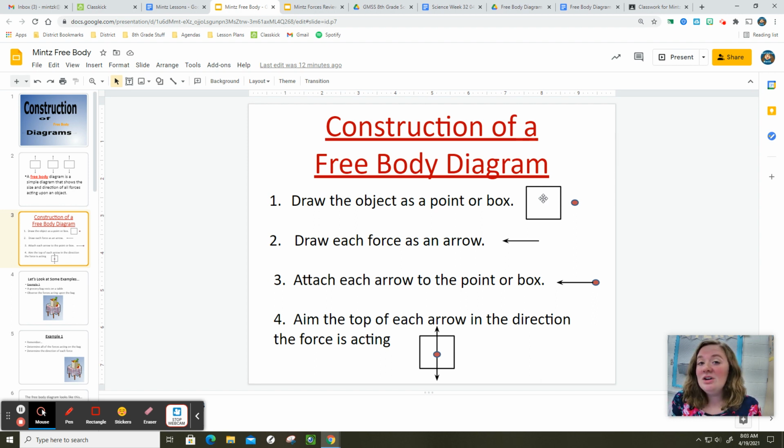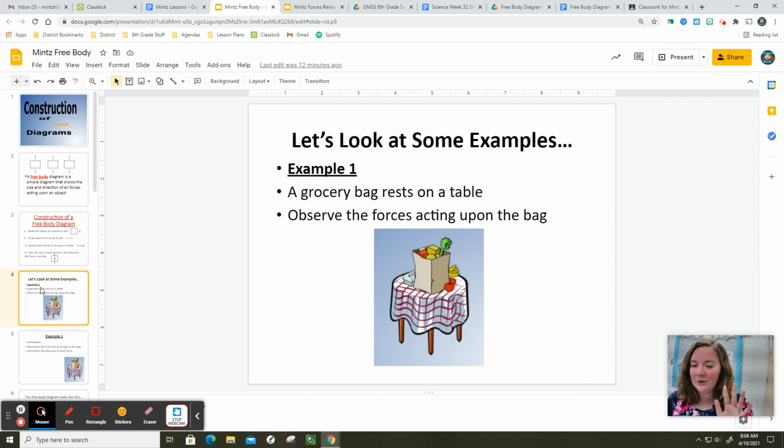Then you're going to draw arrows as your forces going from the point, and aim the arrows in the direction that the force is being applied. For instance, if I zoom backwards, the push from me going backwards would make my force diagram arrow go backwards. So let's do some examples so it makes sense.